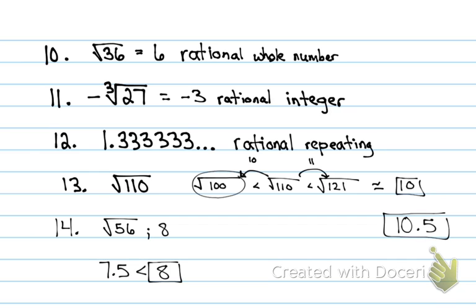Pythagorean Theorem. A squared plus B squared equals C squared. Okay, so on number 15, a swimming pool is in the shape of a right triangle. So you can sketch this. It says one leg has a length of 8 feet.